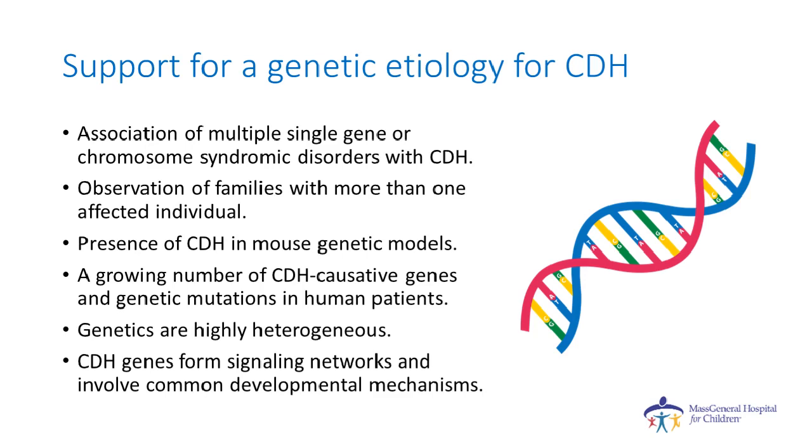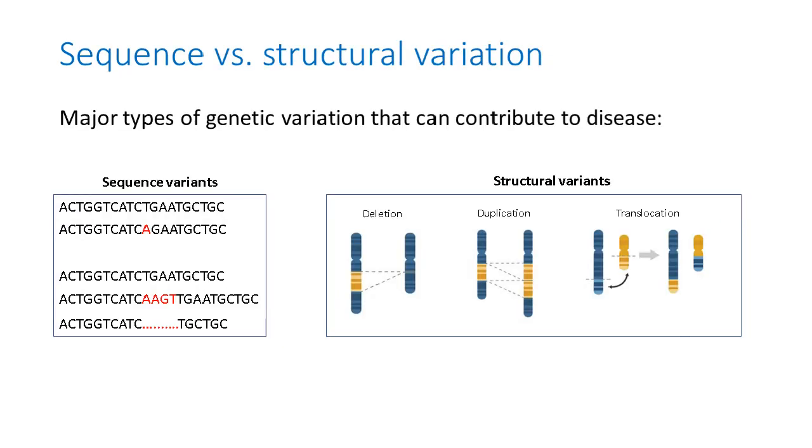We are, through our studies and the studies of others, identifying a growing number of CDH-causative genes and genetic mutations in human patients. But the genetics of CDH are very highly heterogeneous, so we expect that at least hundreds of genes are probably responsible for CDH across different patients. The CDH genes, however, do seem to form common signaling networks and involve common developmental mechanisms.